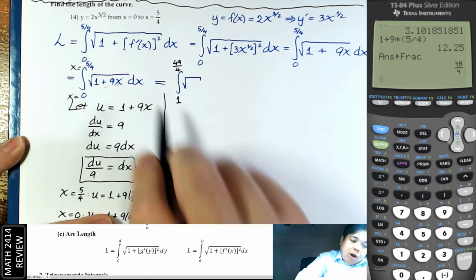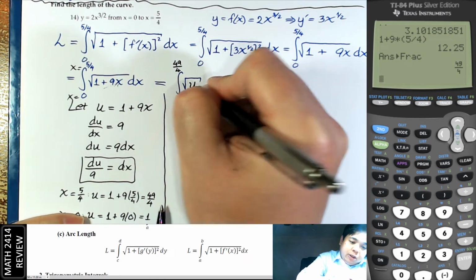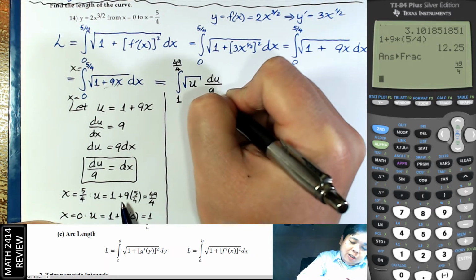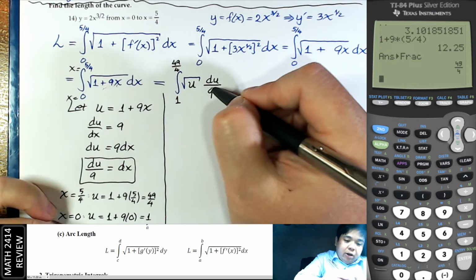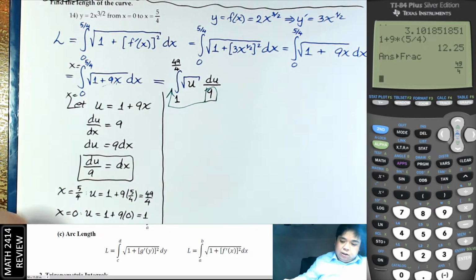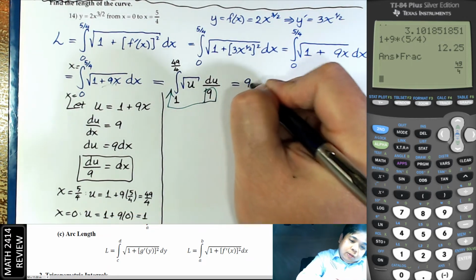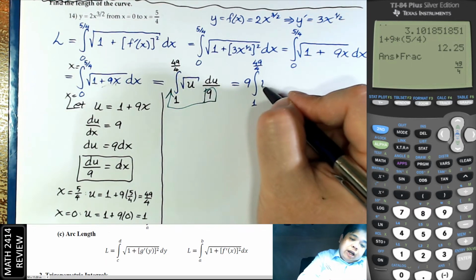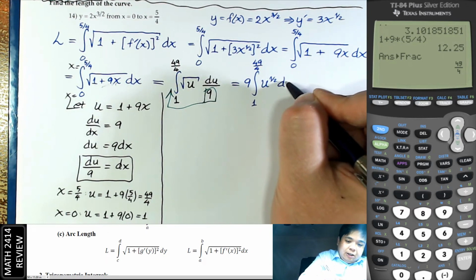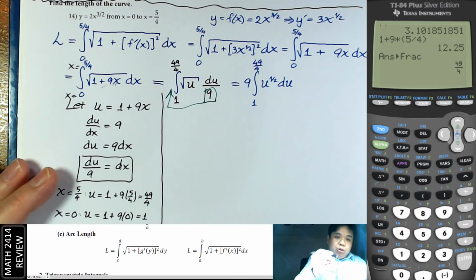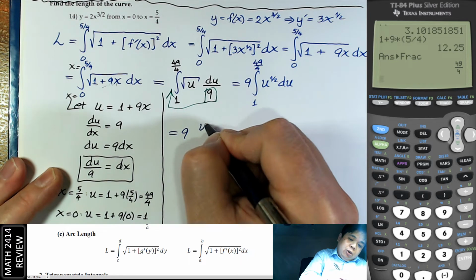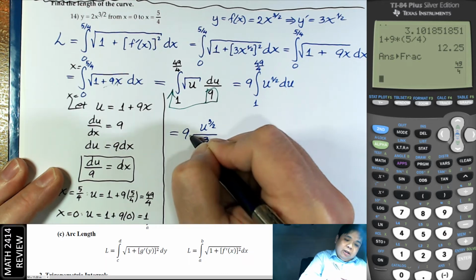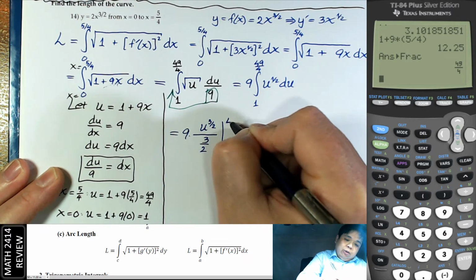The square root of 1 plus 9x is u. dx is that. Right, so I can bring out the 9. And the square root, I can write as the 1/2 power. Right, the integral of u to the 1/2 is u to the 3/2 over 3/2, from 1 to 49 over 4.